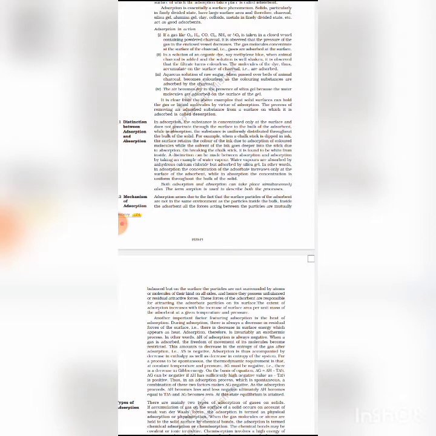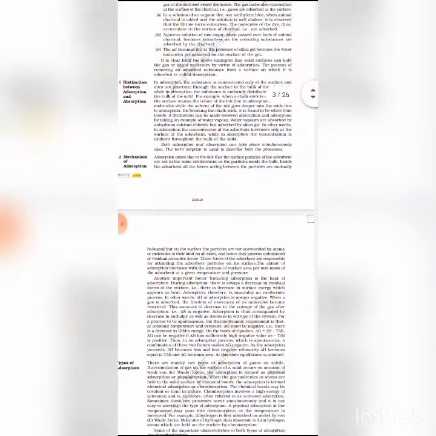That is, it is the penetration of the substance through the surface into the bulk of the solid, such as water vapors being absorbed by anhydrous calcium chloride.